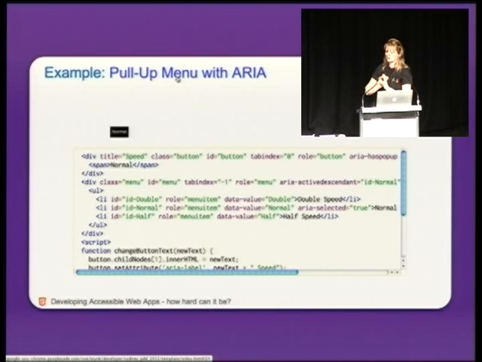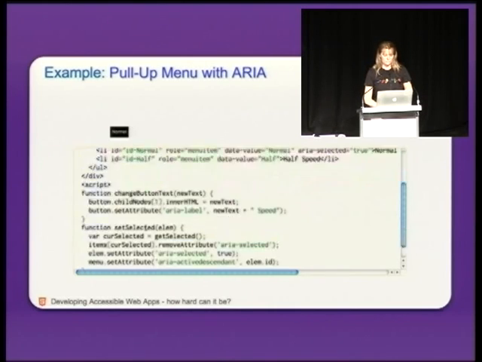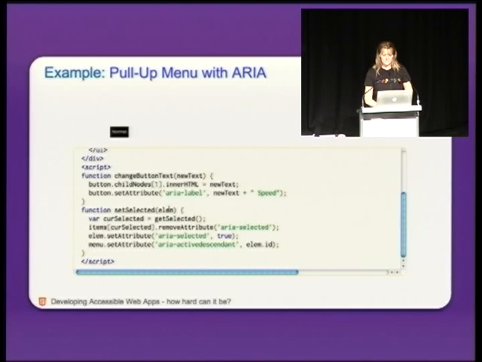I don't want to go through how we develop this. You can check that out yourself. There's a link behind the title here to go to it. But this is the outcome of it. And as you can see, this menu is done with divs and with the UL list and with a few functions that set specific ARIA elements.